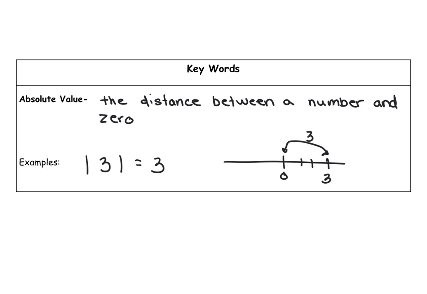Now there is one other little particular situation that can get a little bit tricky, so I want to give you another example here. If I were to give you minus absolute value of -4, we're going to look at this and we're going to say 0 and -4. We're going to say the distance from 0 to -4 is 4.